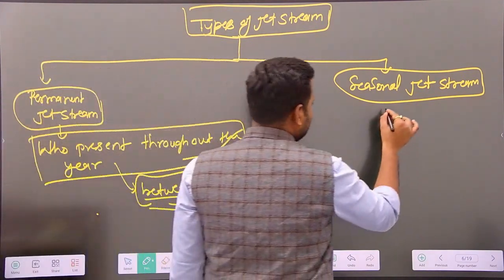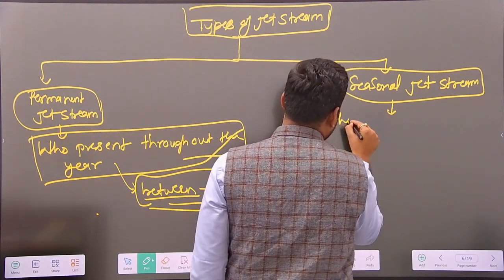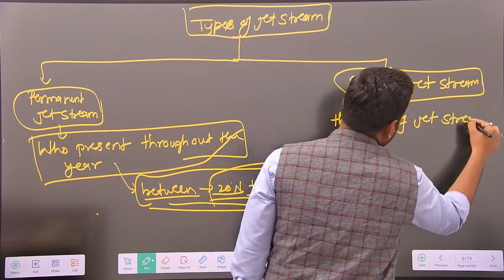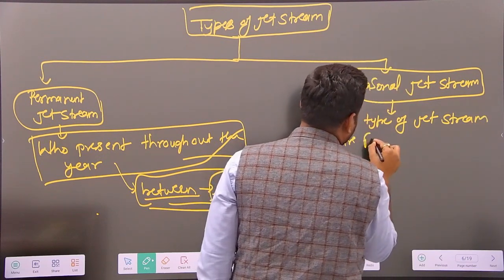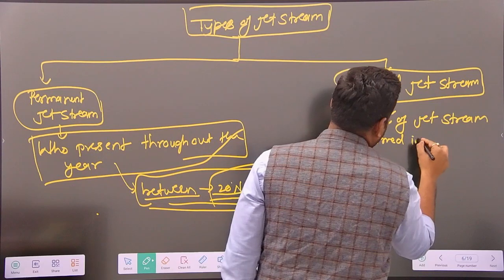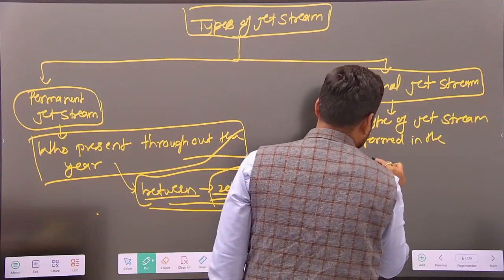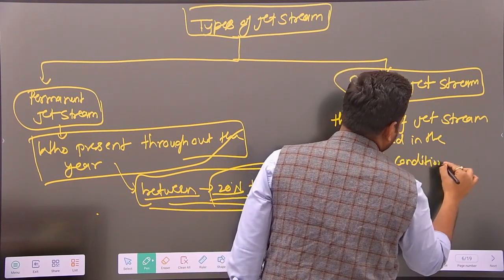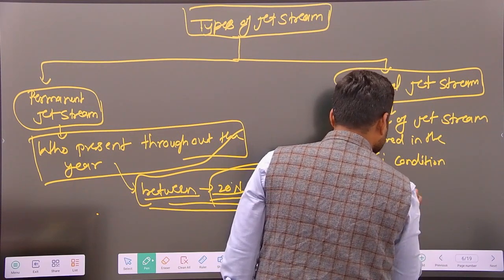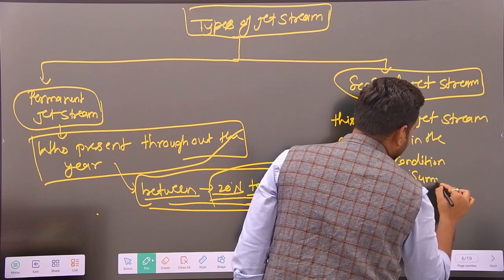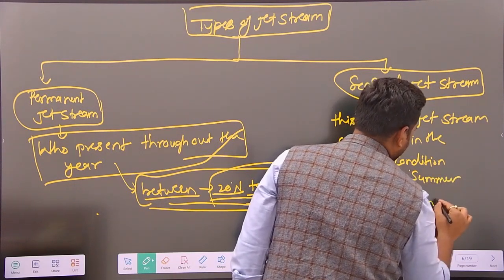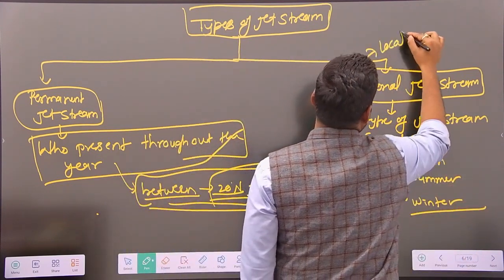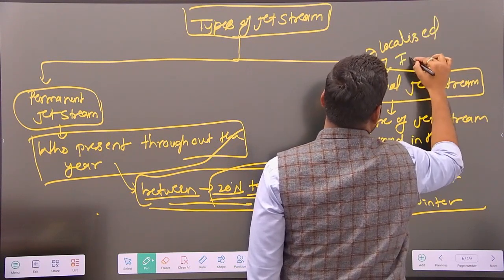And what is the seasonal jet stream? This type of jet stream is formed in a specific condition like summer or winter, and they have a localized effect, a localized impact.